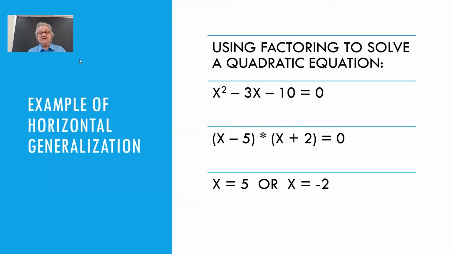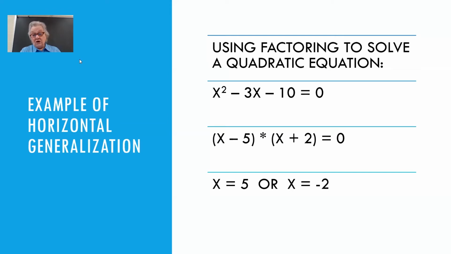Okay, so here's a common problem that you would find in your high school algebra course. We have this quadratic equation. We want to find the values of x that make x squared minus 3x minus 10 equal to 0. Fortunately for us, this factors rather nicely, as x minus 5 times x plus 2.